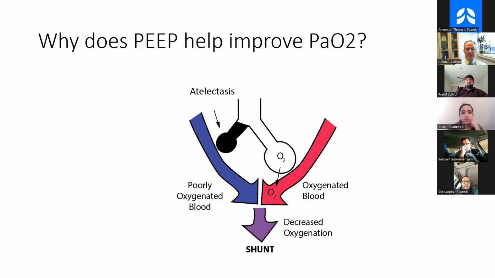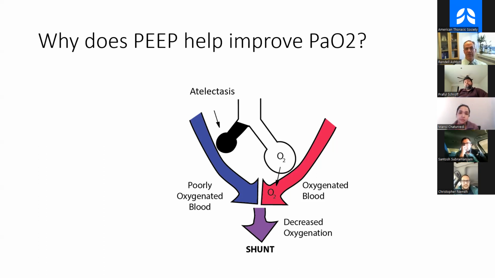So here's a little schematic, a couple of alveoli, one of them aerated, the other one not aerated, either because it's atelectatic, collapsed, or full of fluid or something. And what we're seeing here is how blood flow through those alveolar capillaries is only going to pick up oxygen if it's going through an aerated capillary bed, right? The other blood flow going through the atelectatic part of the lung is going to be shunted.